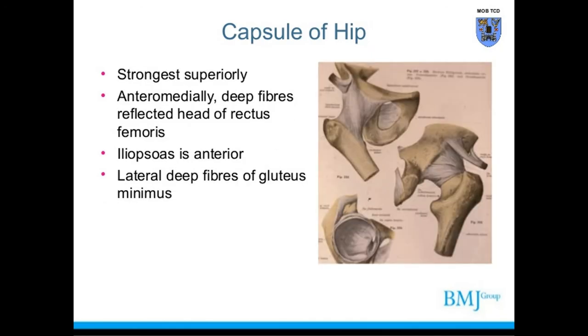There may be a tear of the ligaments, such as the iliofemoral in hyperextension, and other ligaments can tear.